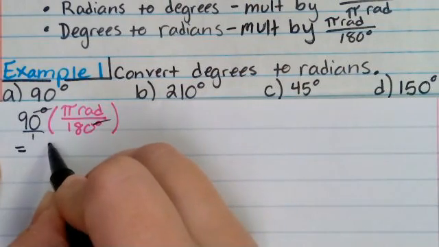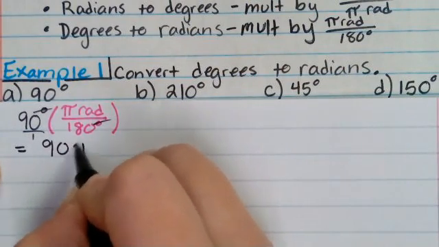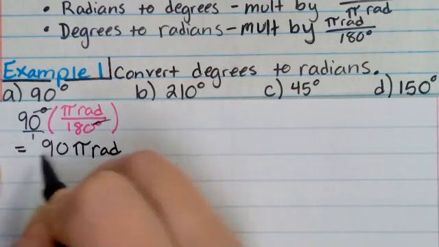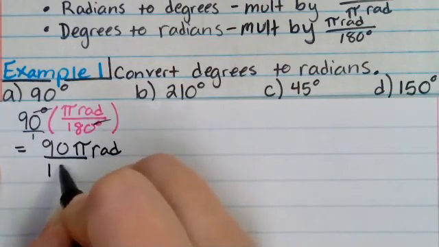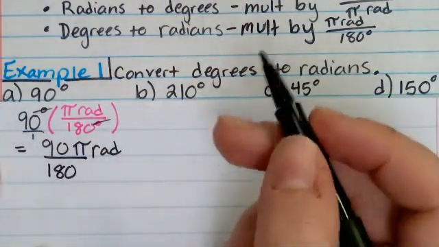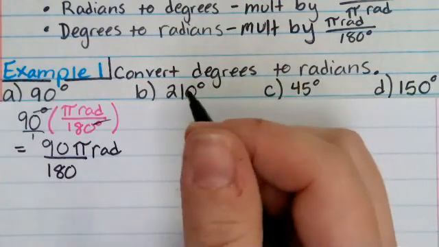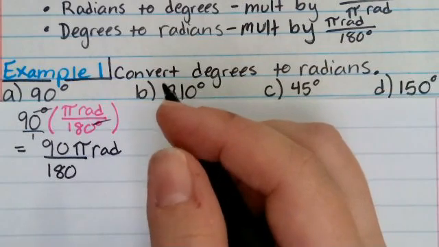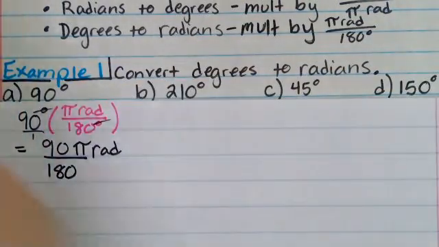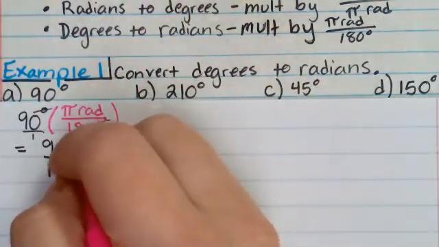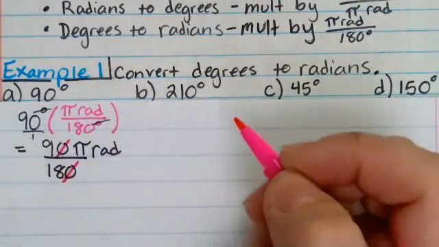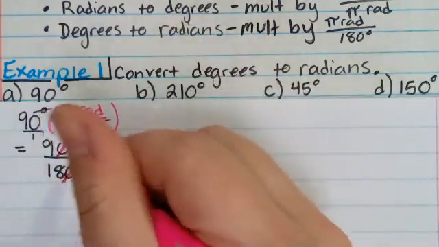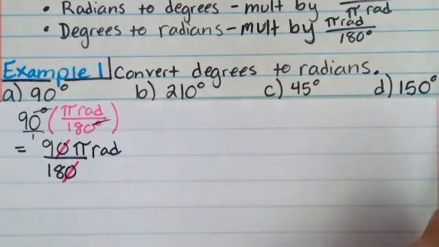Then that actually gives us 90 pi radians over 180. This is technically now in radians, but I want to reduce it as much as possible. So if you look at the 90 over 180, you can divide by 10, and those zeros cancel out.